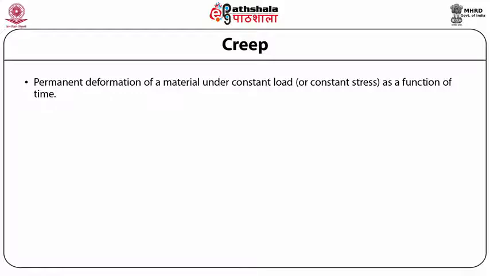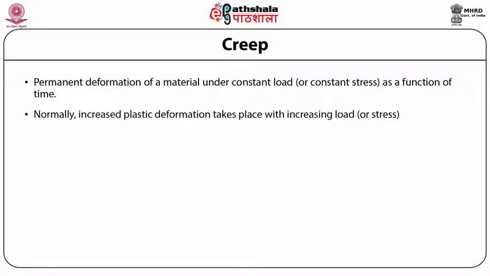Permanent deformation of a material under constant load or constant stress as a function of time is creep. Normally, increased plastic deformation takes place with increasing load or stress. In creep, plastic strain increases at constant load or stress.